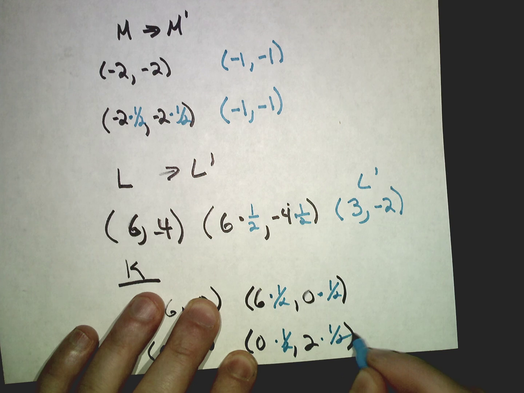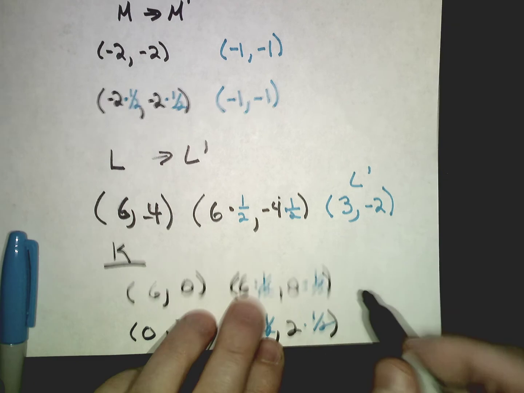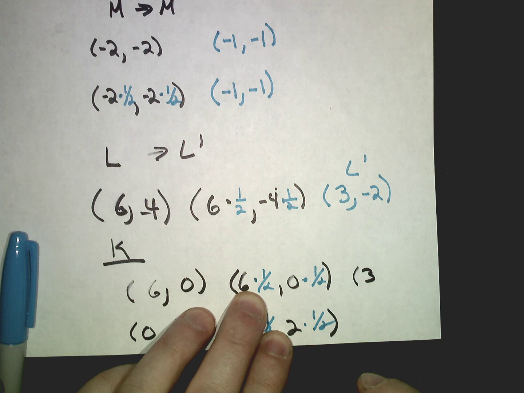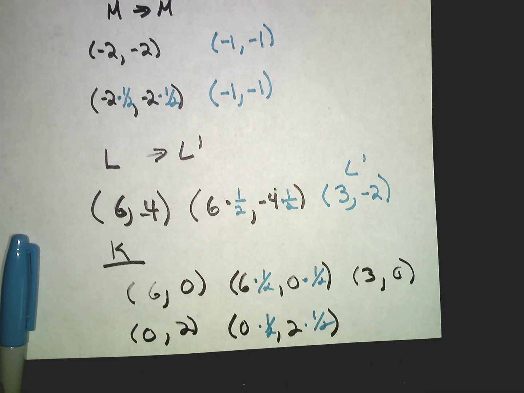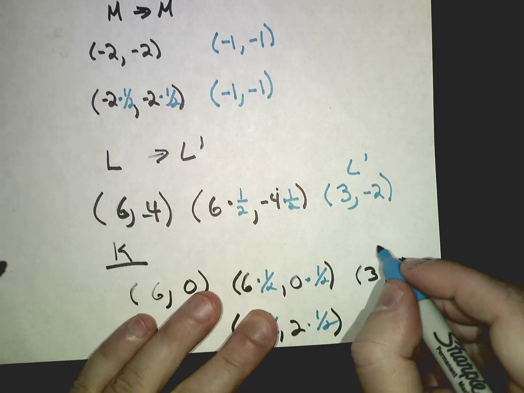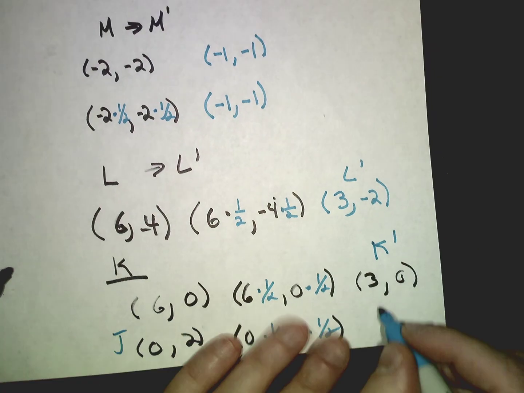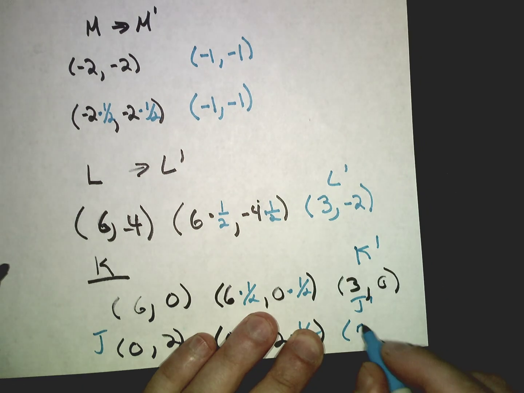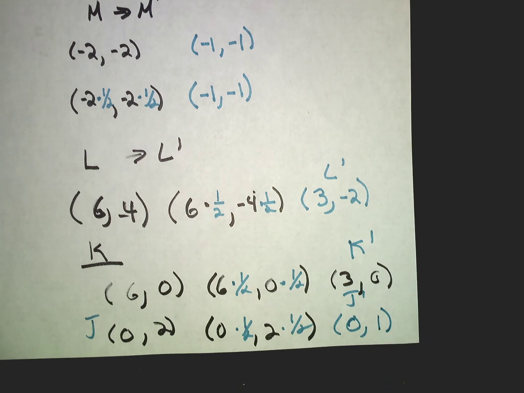This works out really nice because I've got a couple of zeros in here. On this one, 6 times 1/2 is 3, comma, 0 times 1/2 is just 0. And then J prime is 0 times 1/2, 0, and 2 divided by 2 is just 1.